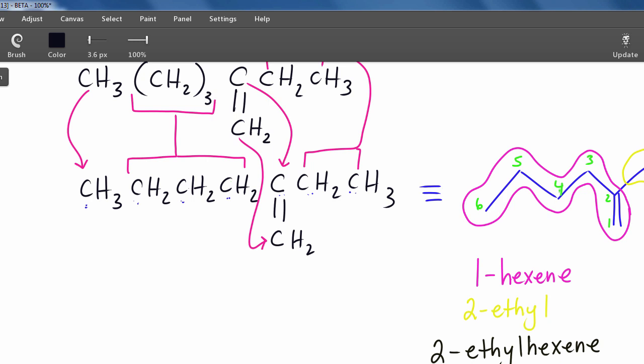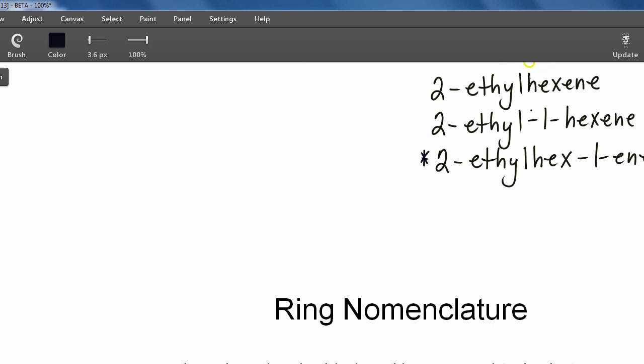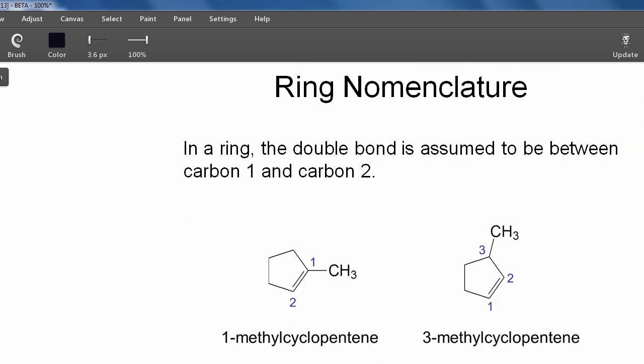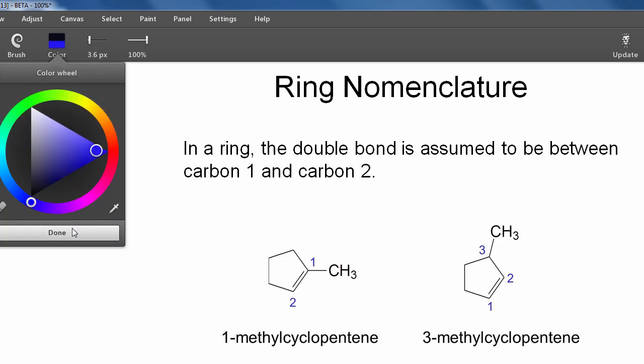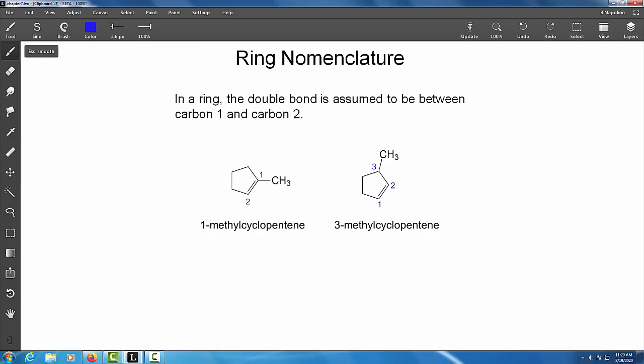Now, when we talk about rings, if we have a ring that contains a double bond, so ring nomenclature for alkenes.